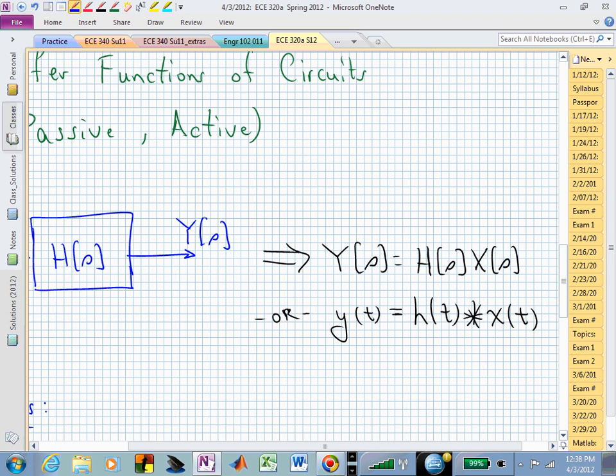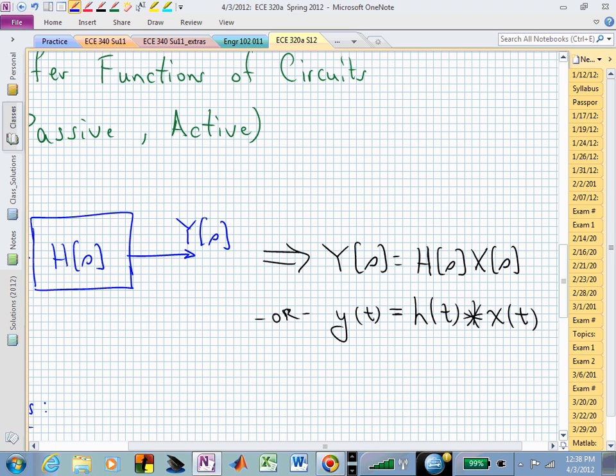And you should be able to find capital X of S if I give you a decaying exponential, or an exponentially damped sine or cosine or some combination thereof, or an impulse, a step, a ramp. You should know how to find the capital X of S for that, and then multiply that by the system's transfer function, capital H of S, to obtain the system response.